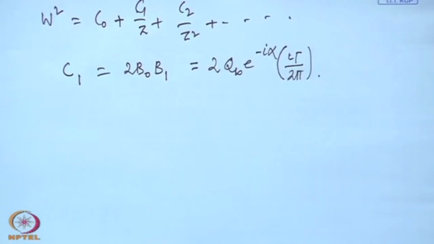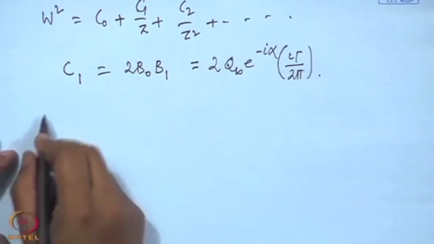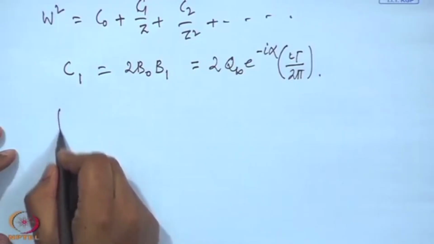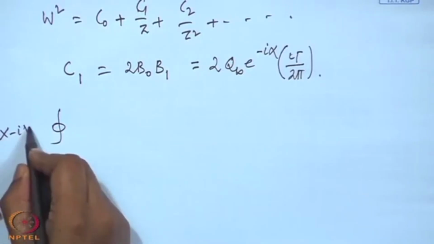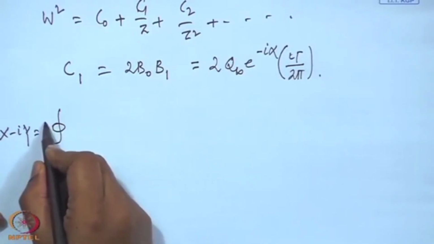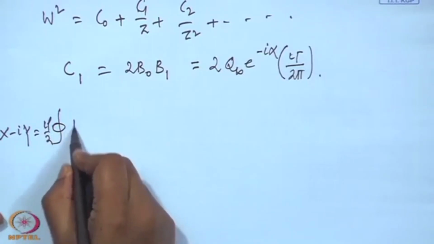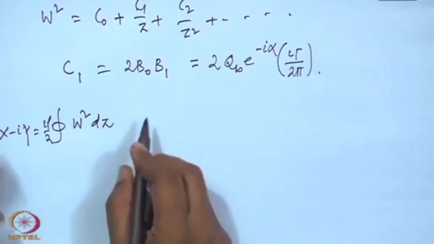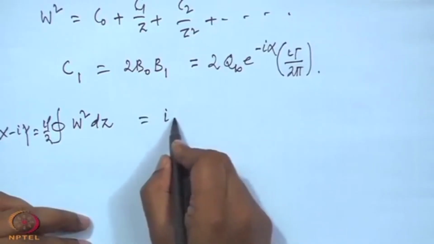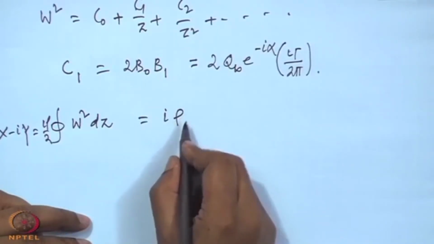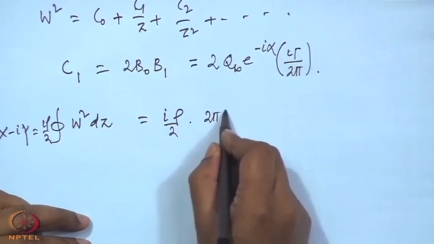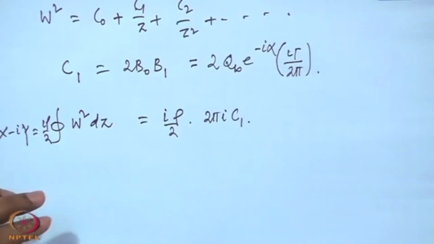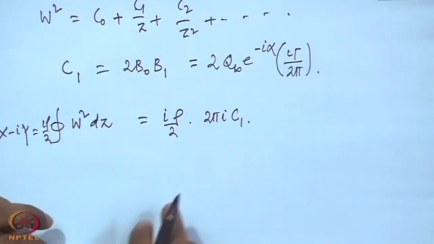Okay. Now, this force X minus I Y is I rho by 2 into the integral of w square dz, which we know according to the residue theorem is 2 pi I C 1.